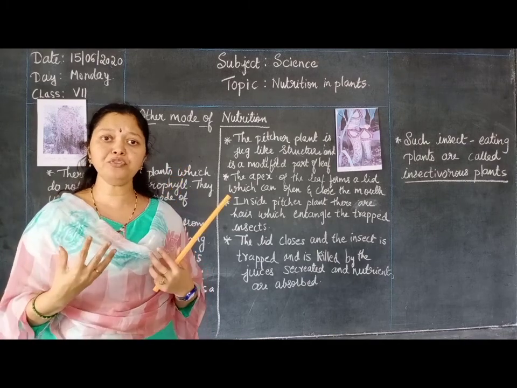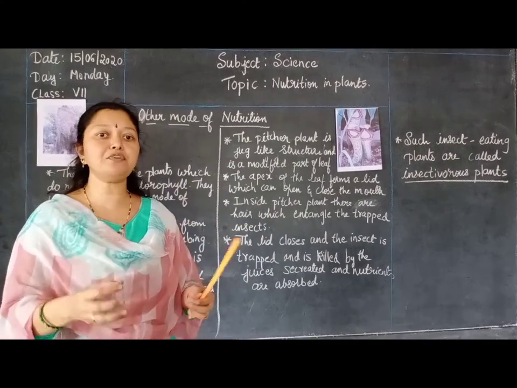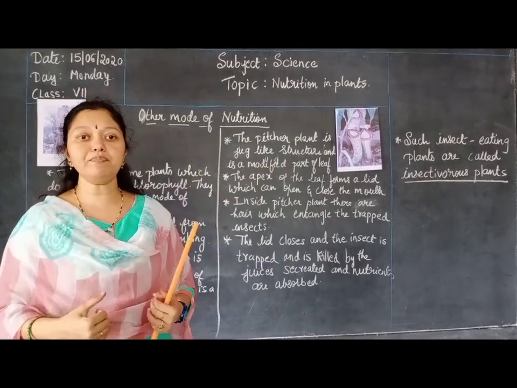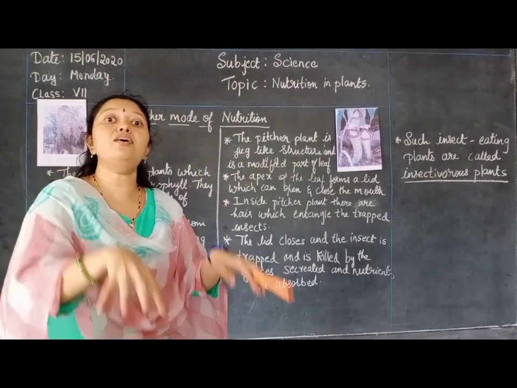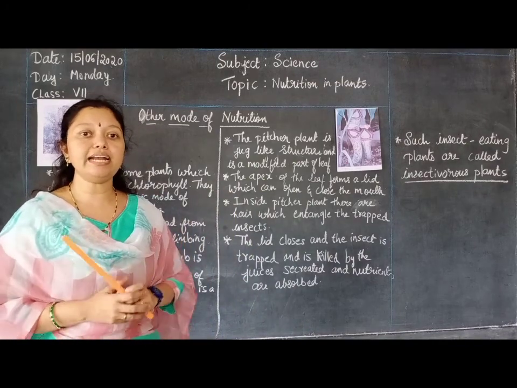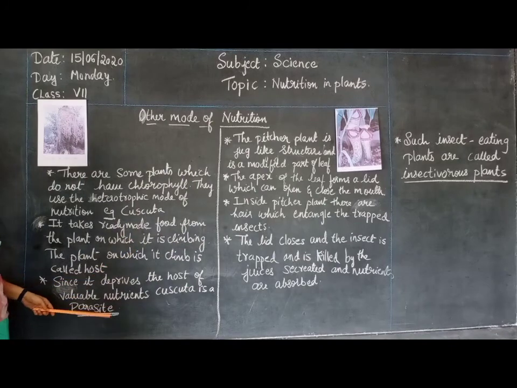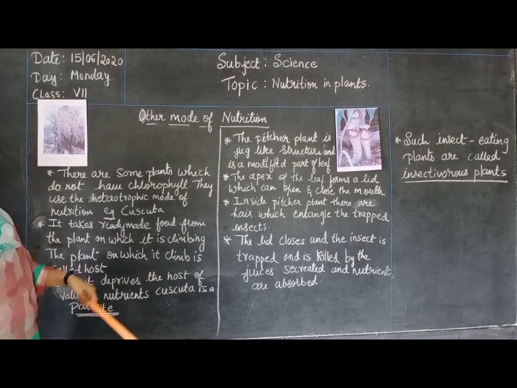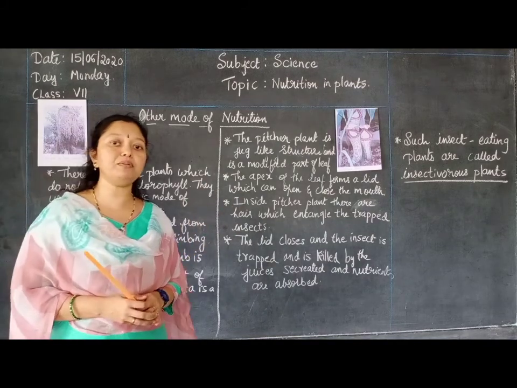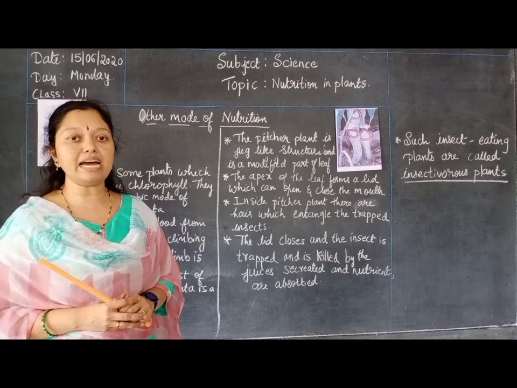Because we depend on plants for food, but we do not sit on them to take the ready-made food. So parasite means the plant which depends on another for getting ready-made food.